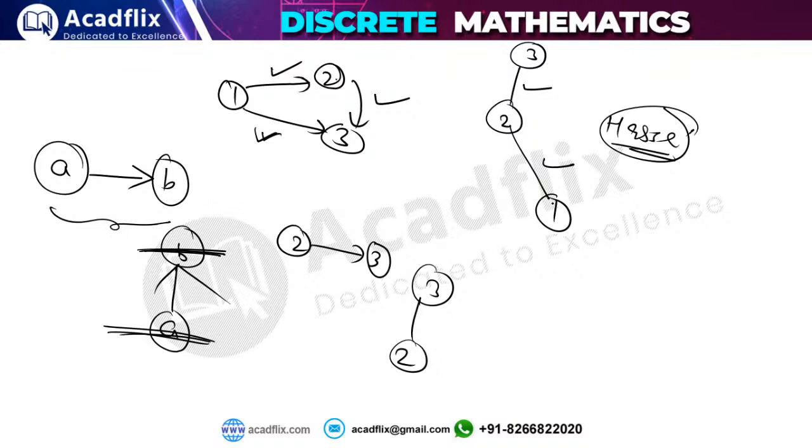We already know that every partial order relation is transitive. So from this Hasse diagram, it is implicit that if 1 is related to 2, and 2 is related to 3, then 1 is also related to 3.